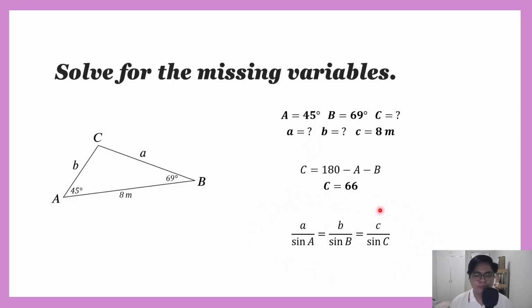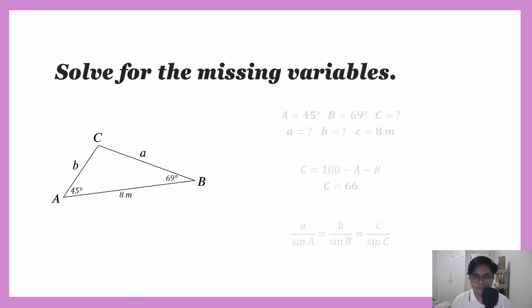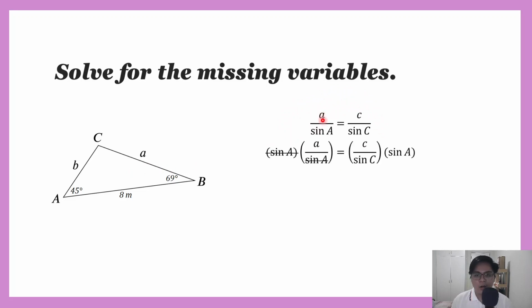We're now solving for the values of side a and side b. Keep this in mind. Now, which one of these are we going to use to solve for the missing sides? a over sine A equals c over sine C is what we're going to use to solve for side a. We now derive the formula.